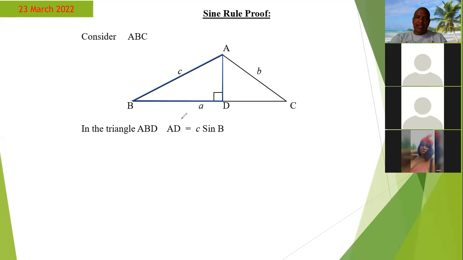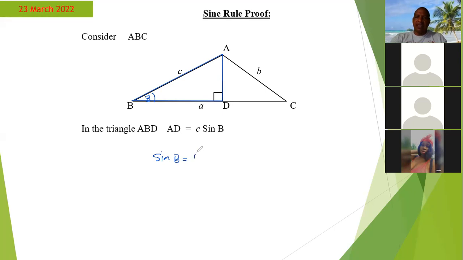generally we would say the sine of angle B, because we are working with angle B now. So we'll say the sine of angle B is equal to the side opposite.